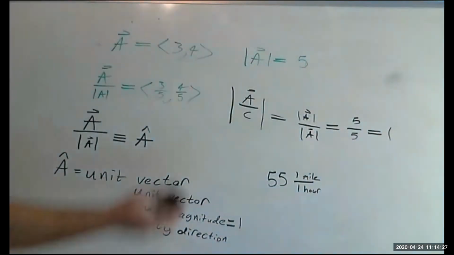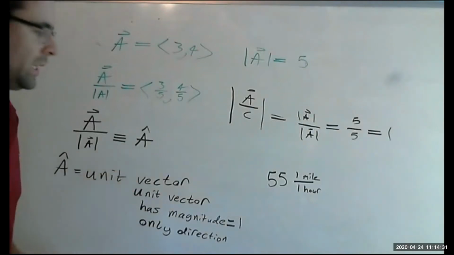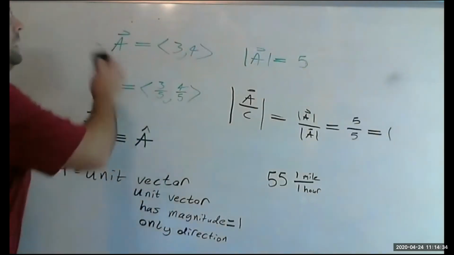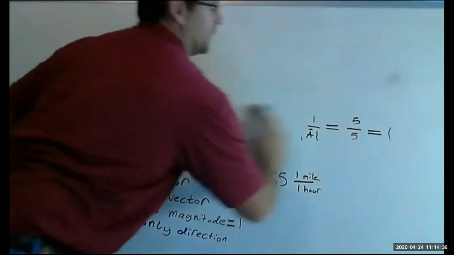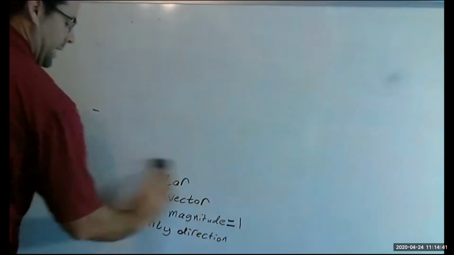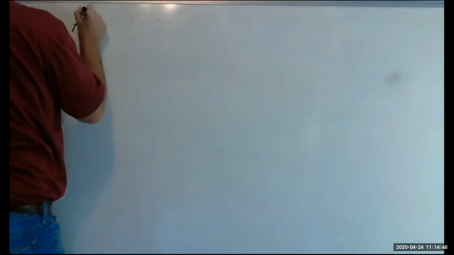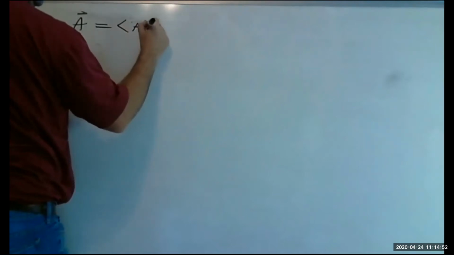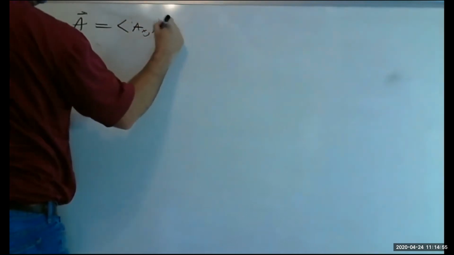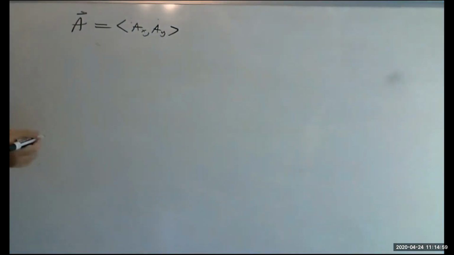This comes full circle back to our 2 ways of talking about things: component form, and magnitude and direction. So you could say that A equals AX, AY. Most everybody's gotten pretty comfortable with that.